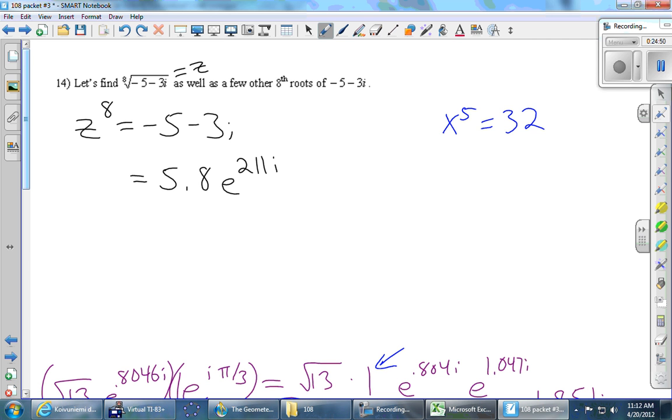Okay, so this is what we did. We were in degrees last time. This was doing the r squared equals x squared plus y squared, and tangent of theta is y over x. We did that particular number last class. Okay, so just writing that guy in r e to the i theta. I'll put the degree symbol once, but I'm not going to write it every time.